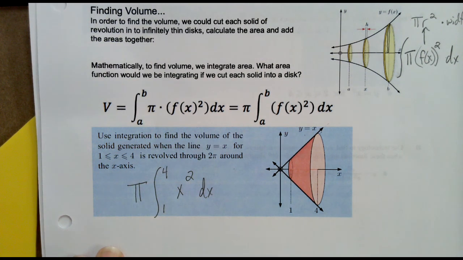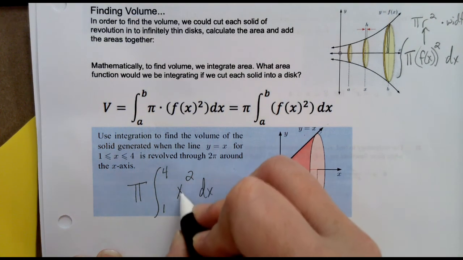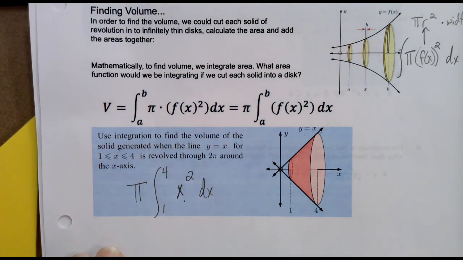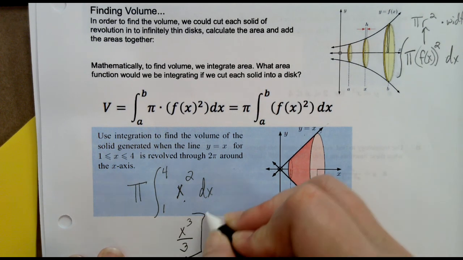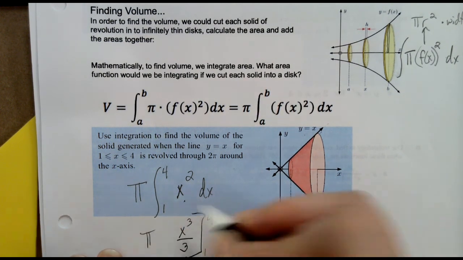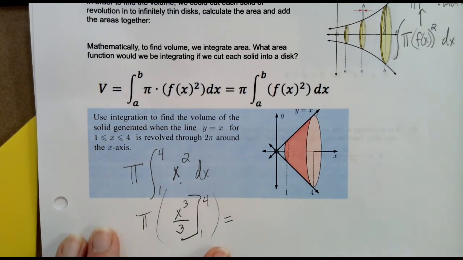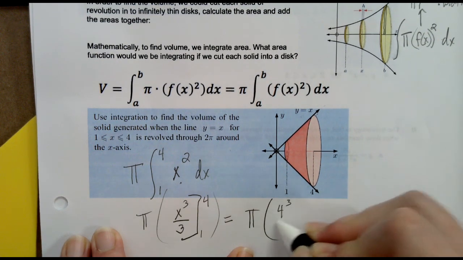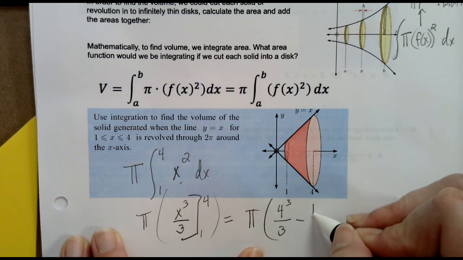Anyway, so integrating x squared, we get x cubed over 3. And we are going to evaluate that from 1 to 4, and we're going to multiply by pi in front. So this would be pi, and then 4 cubed over 3 minus 1 cubed over 3.